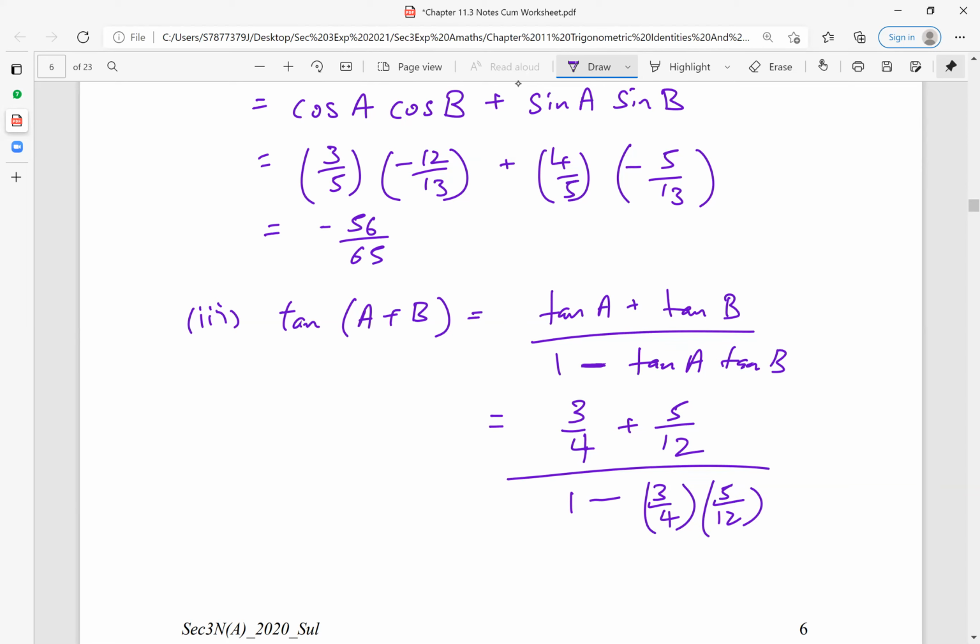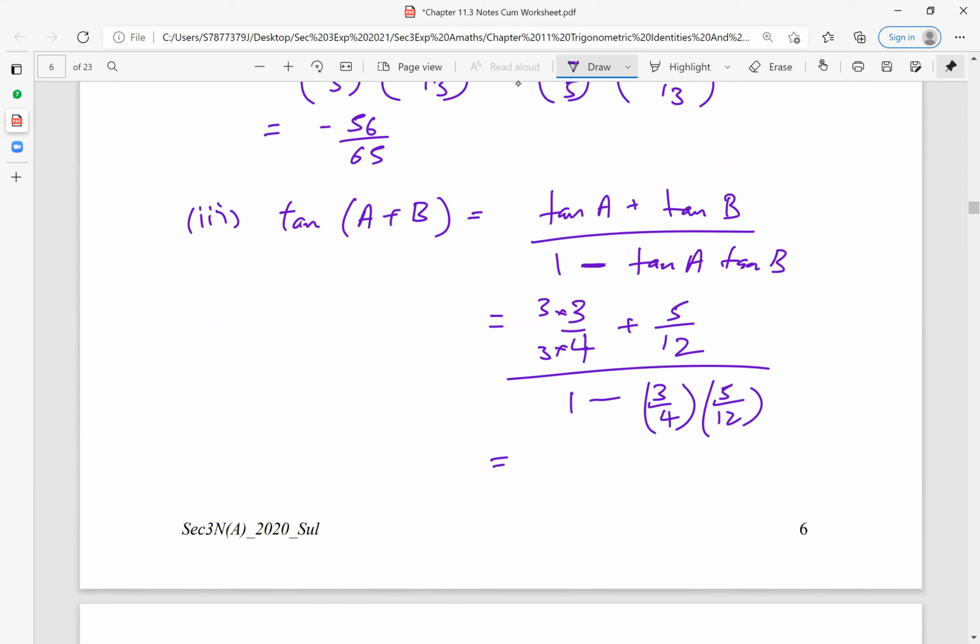Okay, so this one times 3, right? Same denominator, so you have 9 plus 5, so much? Excuse me, 14.